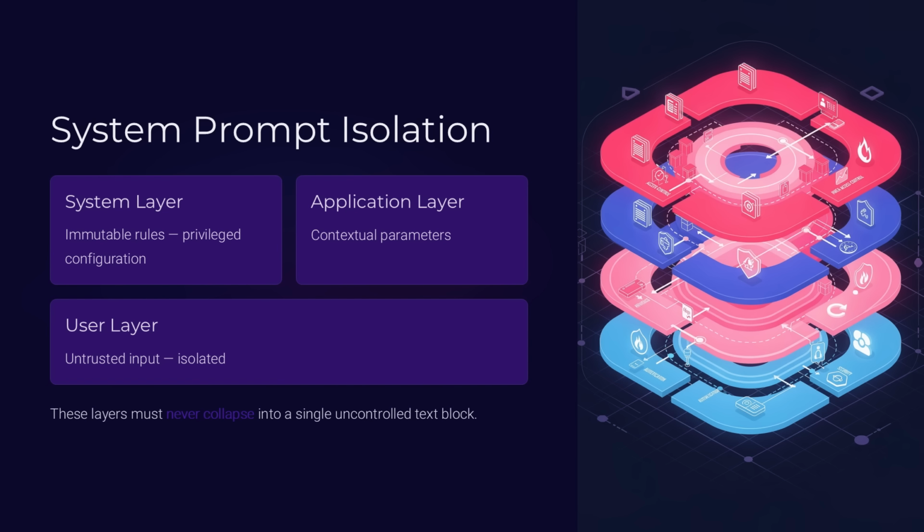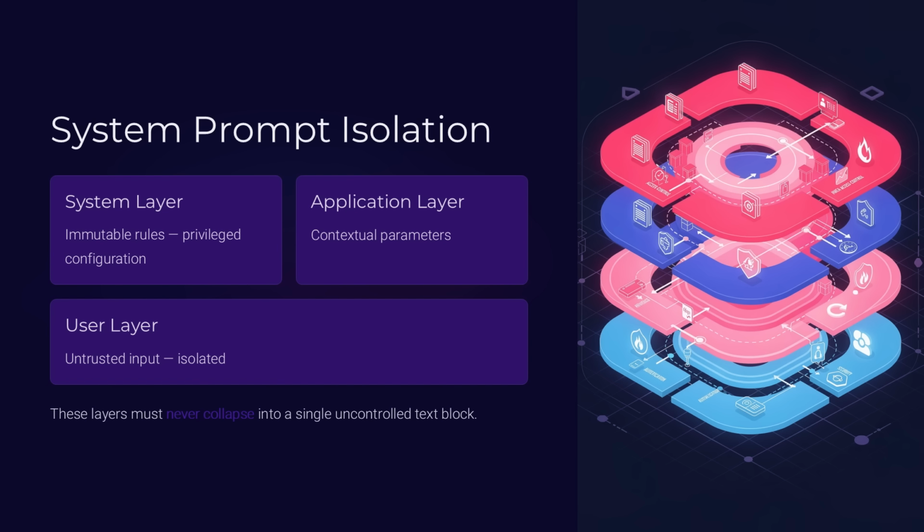This may involve separating trusted instructions from untrusted input, using structured prompt templates that prevent direct override of system rules, ensuring that retrieval content cannot alter core constraints. From a design perspective, you should treat system prompts as privileged configuration, not conversational text.